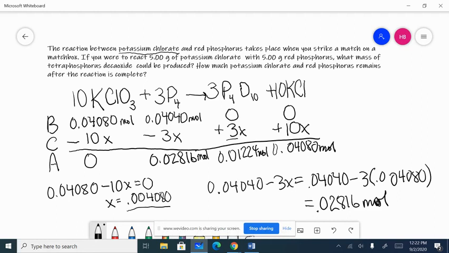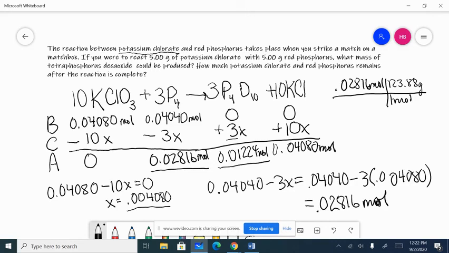If they asked you to change these from moles to grams, you would just multiply by the molar mass. So in this case, 0.02816 multiplied by the molar mass of 123.88 grams per mole.